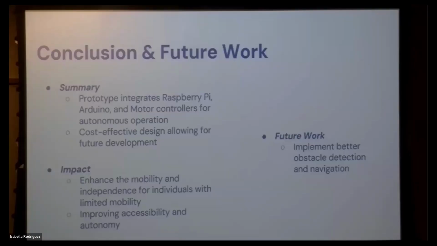The main impact of this project was to enhance mobility and independence for individuals with limited mobility. Again, as I explained in the beginning, we don't think about walking, so we want that same way of thinking for these customers as well. This comes into play with improving accessibility and autonomy for them.